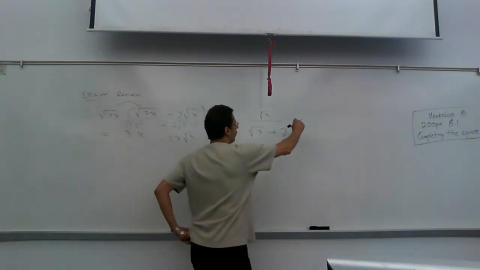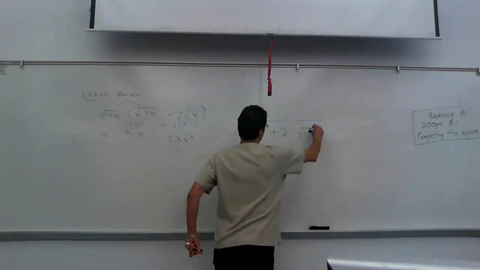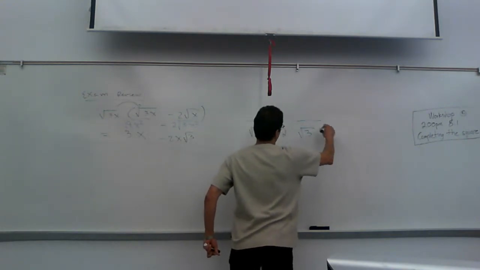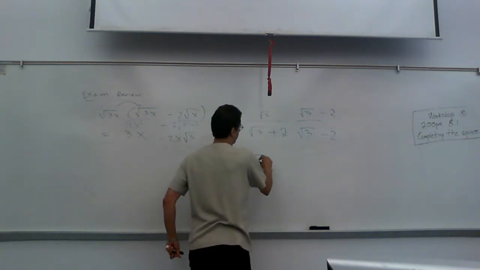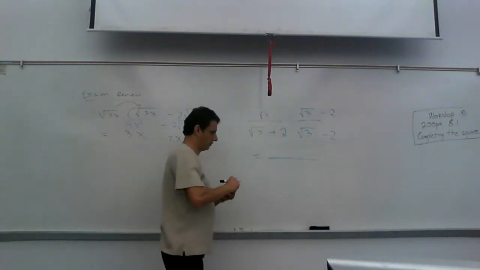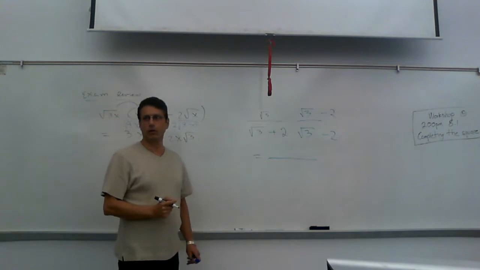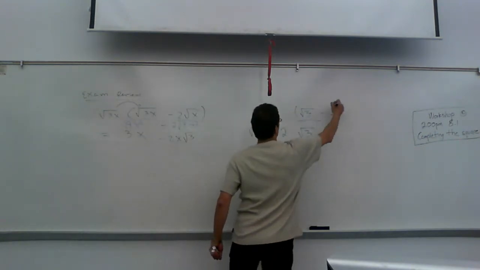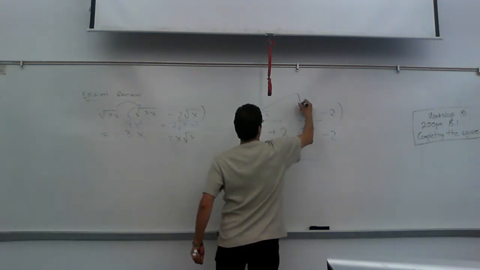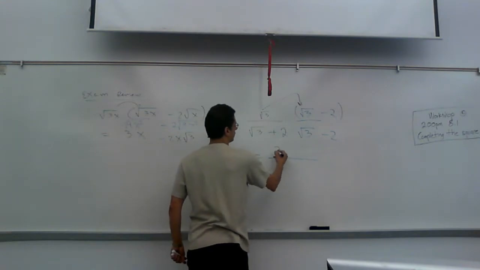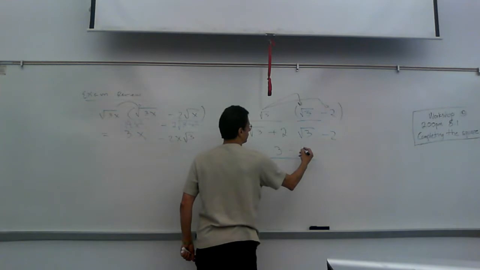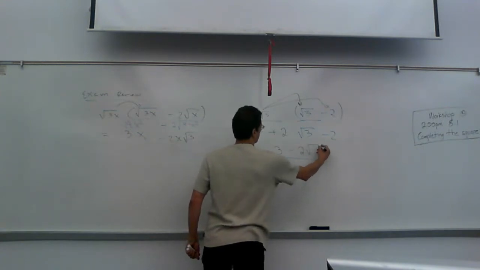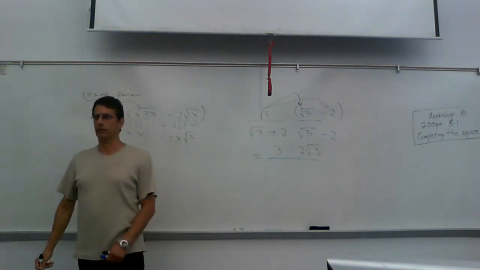You multiply by what? Right? Does that work? So let's look at the top only. When you multiply these two, what do you get? 3. And then you're done with the top, right?